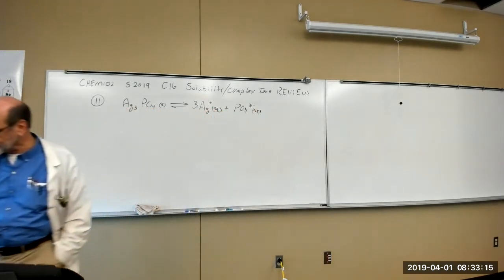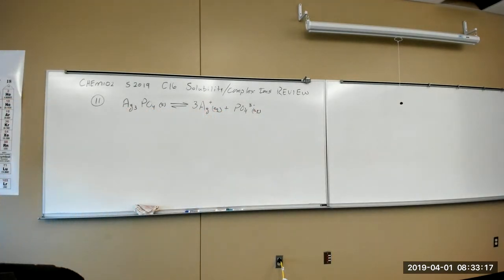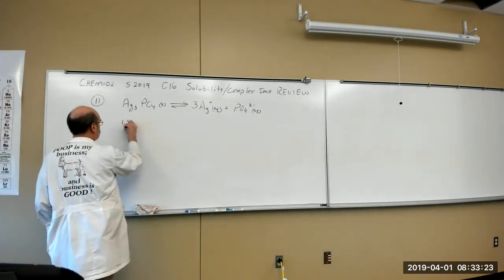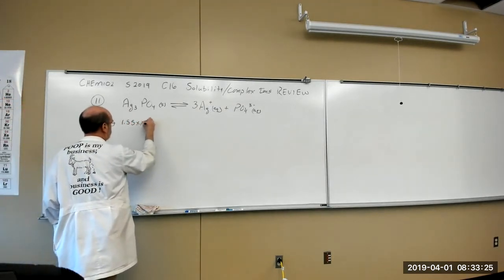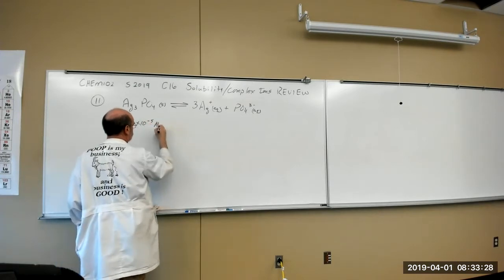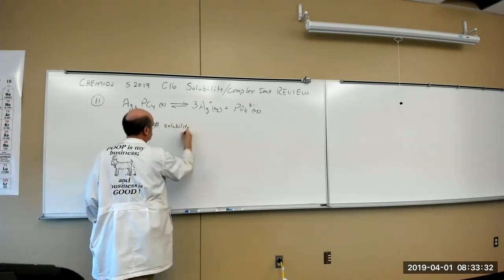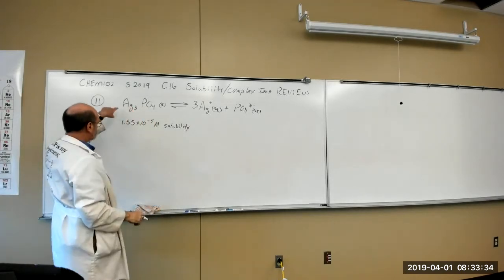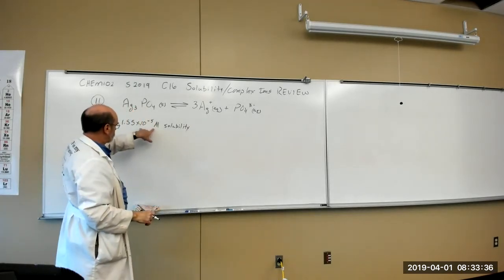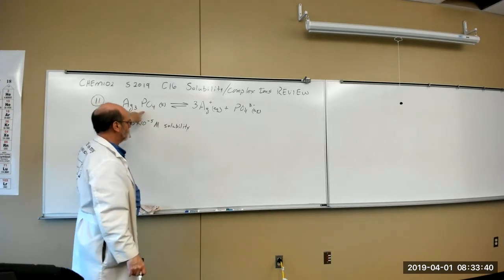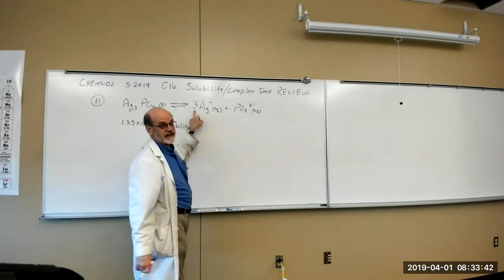And we're given solubility, 1.55 times 10 to the minus 5. Solubility means this many moles per liter of that compound goes into solution, which means this concentration is going to be 3 times that.